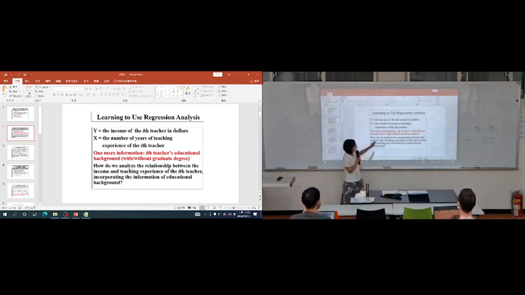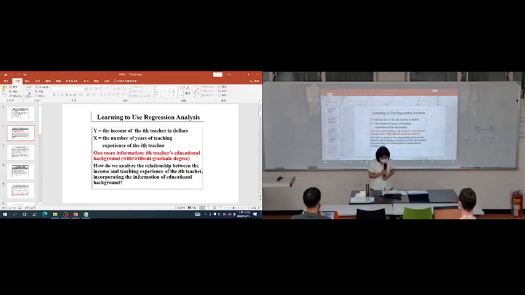We'd like to see how a graduate degree affects the salary, the income. How do you think so? With or without is not a numerical number. It's just a quality, a status, whether they have the graduate degree or not.